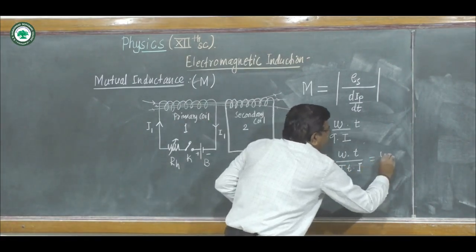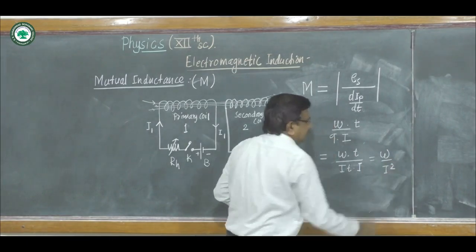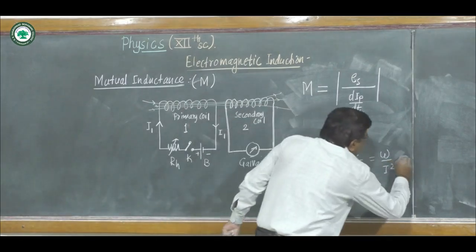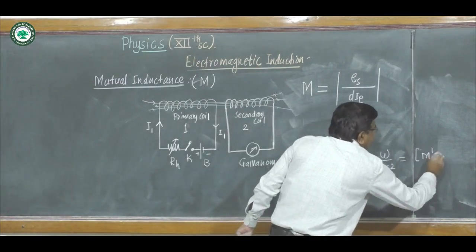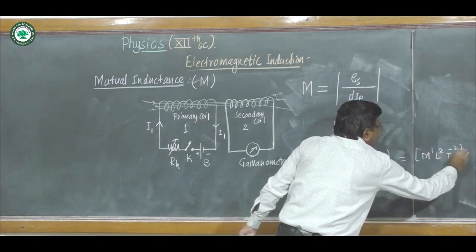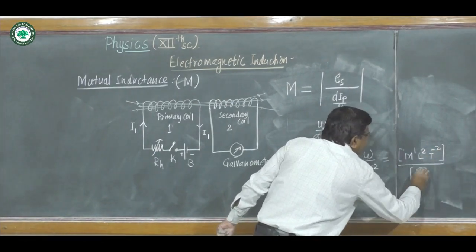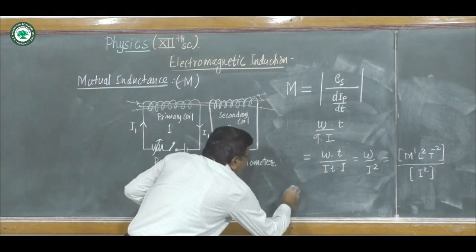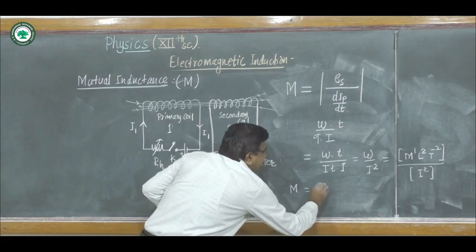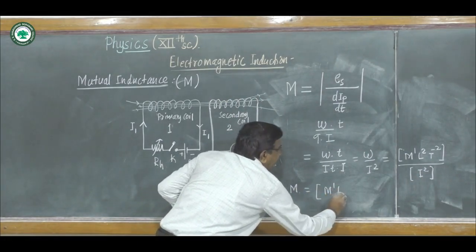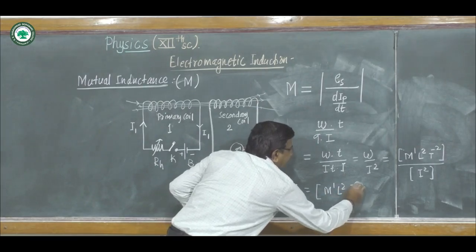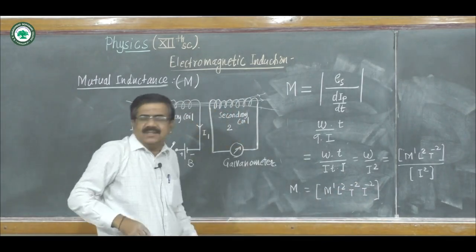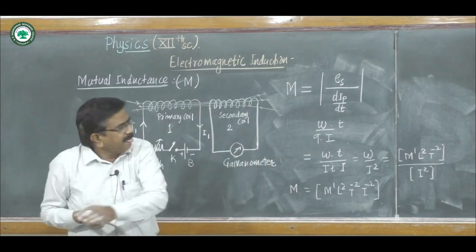W upon I square, that is work upon I square. We know the dimensions of work, simple dimensions, M1 L2 T minus 2, and for current, that is I2. Hence, lastly, we get the dimensions of mutual inductance as M1 L2 T minus 2 I minus 2. These are the dimensions of mutual inductance.